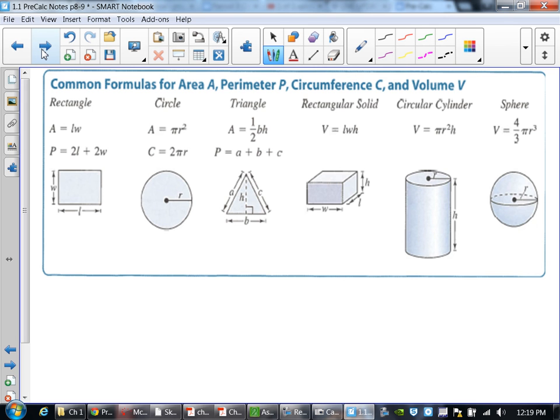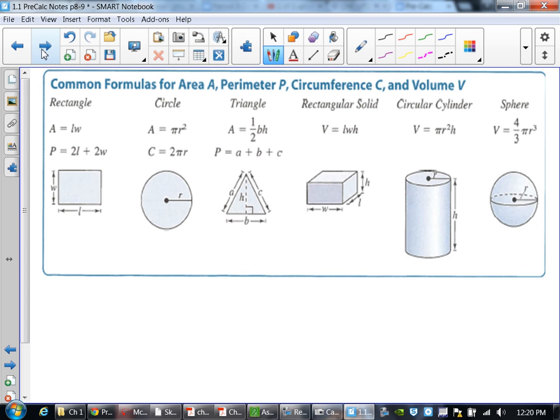Also, in this secondary part, we talk a lot about some of the old geometry formulas. And these are some of the basic ones you probably remember. Area of a rectangle, perimeter of a rectangle, area of a circle, circumference of the circle, area of a triangle, the perimeter of a triangle. Find the volume of a cylinder.